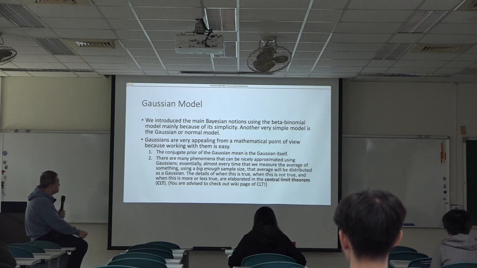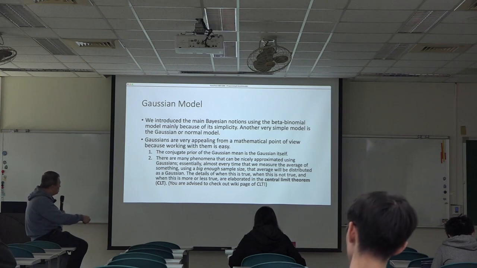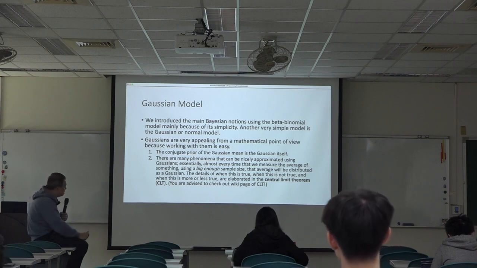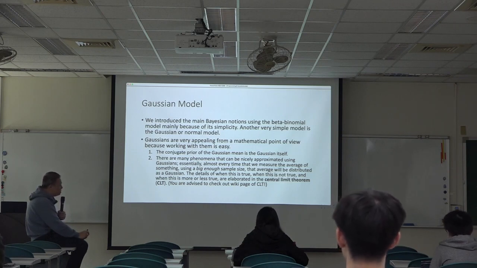There's a mathematical proof of this called the central limit theorem, CLT, which is very famous in statistics. You can check out the Wikipedia page of the central limit theorem to see when this is true and when this is not true, or when it's more or less true.